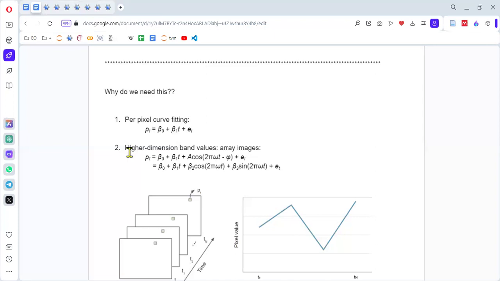The second one is the higher dimension band values, that is array images. So there can be potential information present within a single pixel, and this information can be presented in a higher order Earth Engine structure called array images. So it is possible for a single pixel in a single band of a single image to contain more than one value.